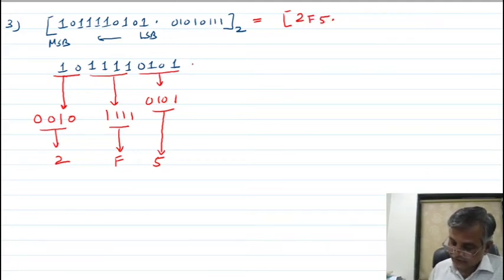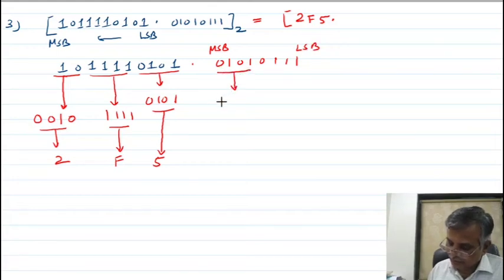Now let us find out for the fraction 01010111. This is MSB for the fraction, this is LSB for the fraction. So prepare groups of 4 bits.